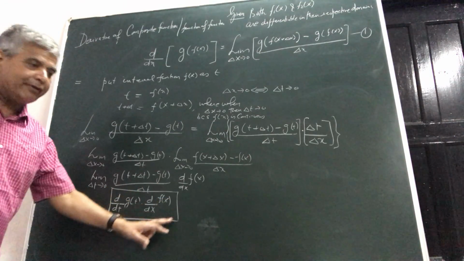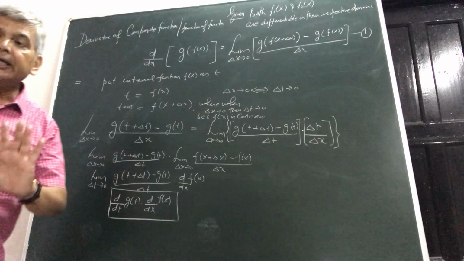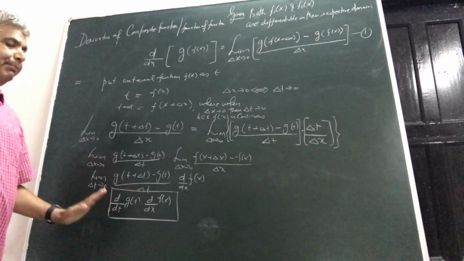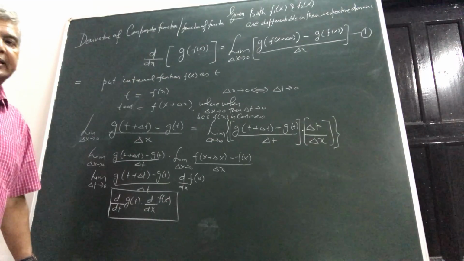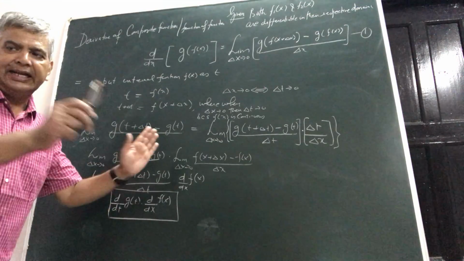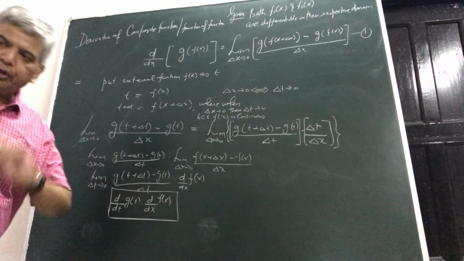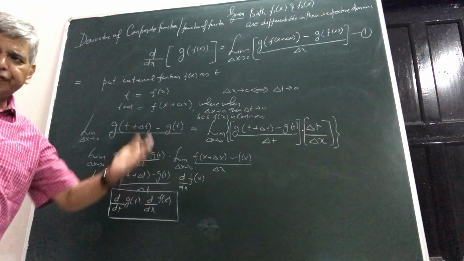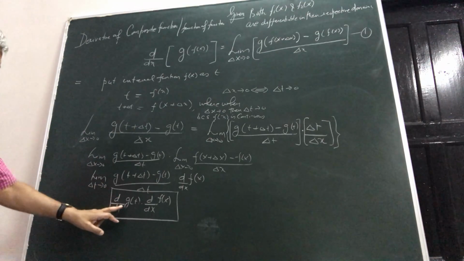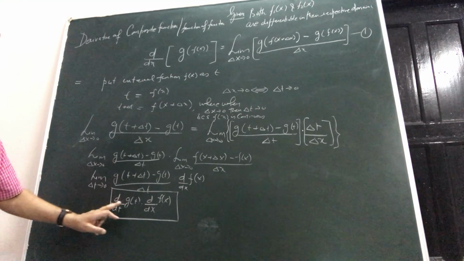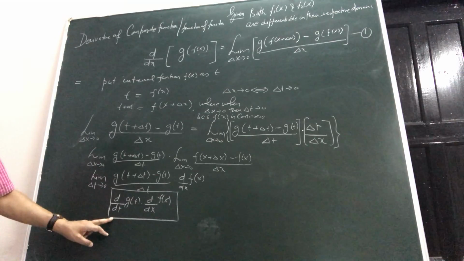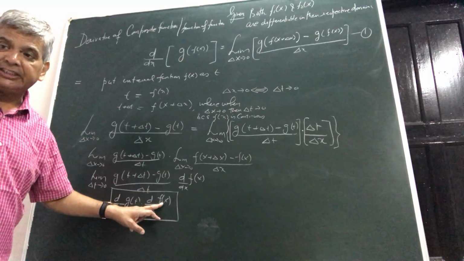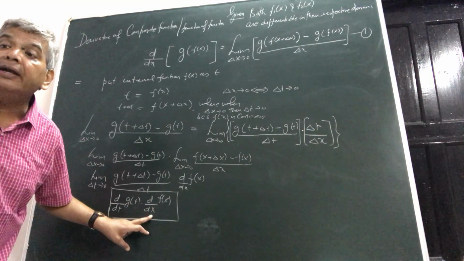So this is what you have to do in a question, and then you can do all the questions in a very simple manner. Only what you have to remember is that first of all, whatever the internal function is, you put equal to t, and then you differentiate the external function with respect to the internal function, d by dt of g(t). g is your external function, t you have assumed to be your internal function, and then you will take its product with the derivative of the internal function with respect to the independent variable.